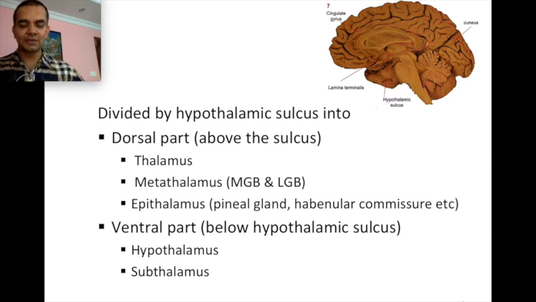The part that lies ventral to the hypothalamic sulcus consists of the hypothalamus and subthalamus. The hypothalamic sulcus extends from the interventricular foramen here to the most cranial part of the cerebral aqueduct. So, this sulcus is the hypothalamic sulcus, and we have the ventral part here and dorsal part dorsal to it.